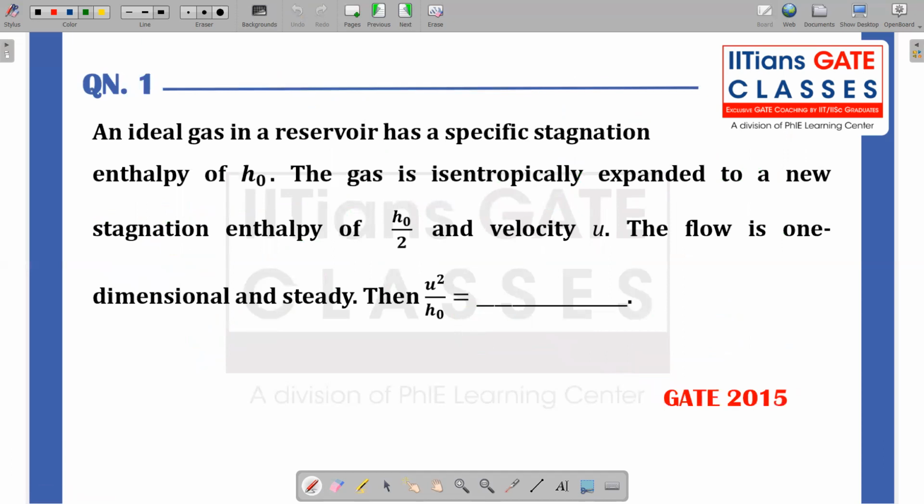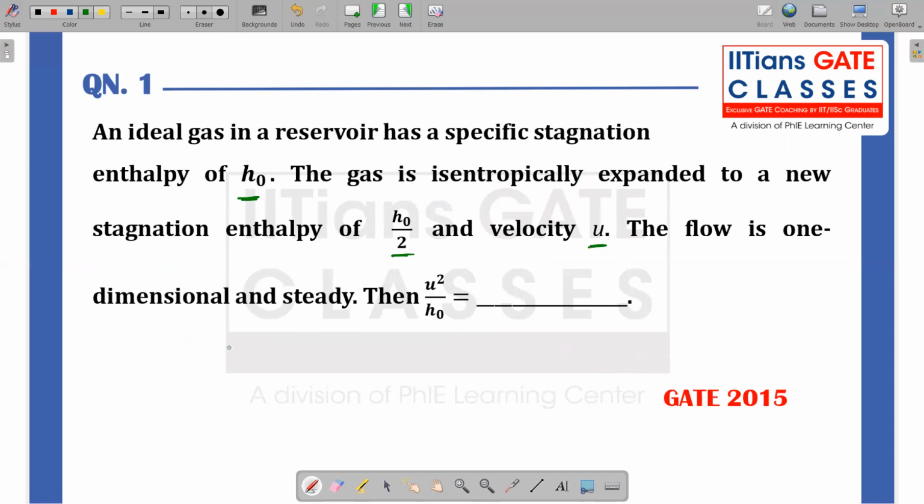Okay, let us take an example problem. An ideal gas in a reservoir has a specific stagnation enthalpy of H naught. The gas is isentropically expanded to a new stagnation enthalpy of H naught by 2 and velocity u.